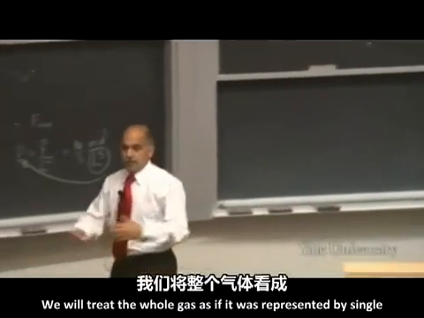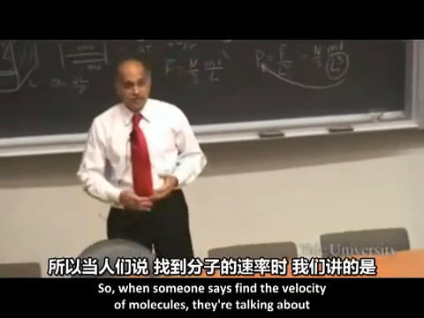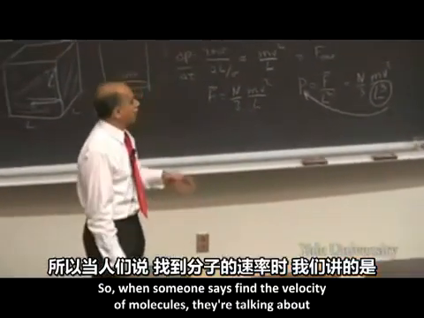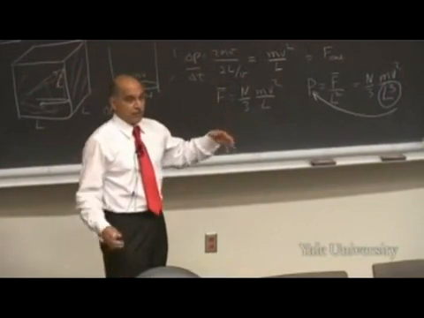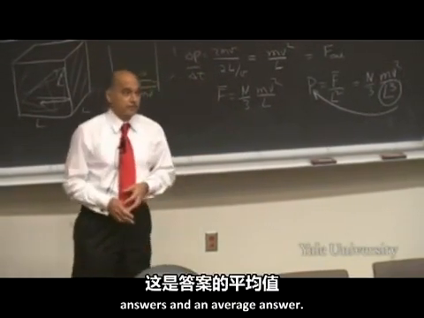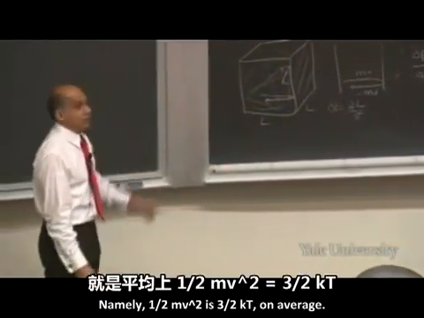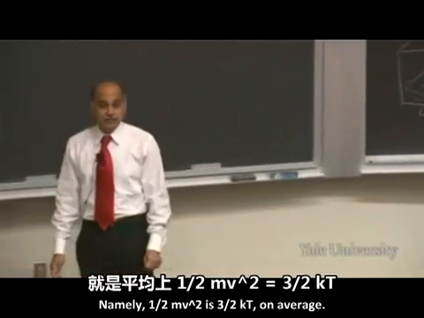We will treat the whole gas as if it's represented by a single average number. So when someone says find the velocity of molecules, they're talking about the average velocity. You know, statistically, there is a distribution of answers and an average answer. Because the average is what you and I have to know. Namely, 1/2 mv squared is 3/2 kT on average.